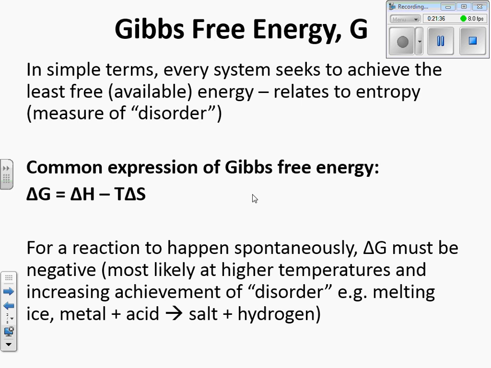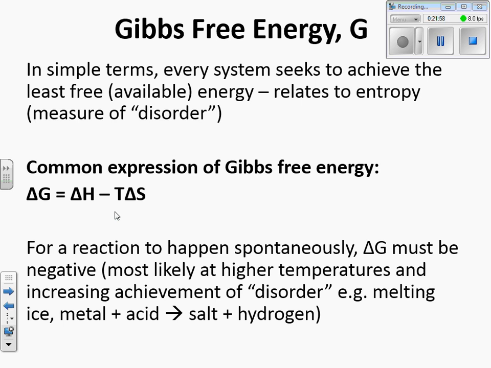This common expression here is not one we're going to be able to use because you're not measuring any of these things. You're going to calculate Gibbs free energy based on electrode potentials. There are no electrode potentials in here, but this is the pickup from the other PowerPoint.